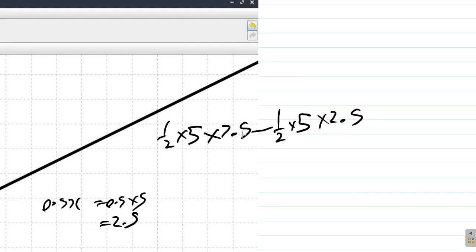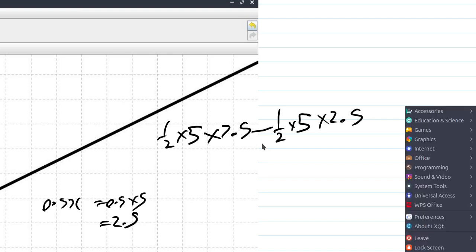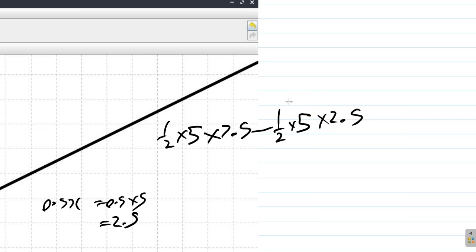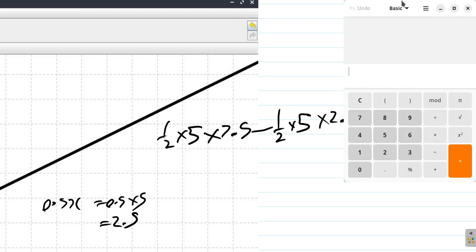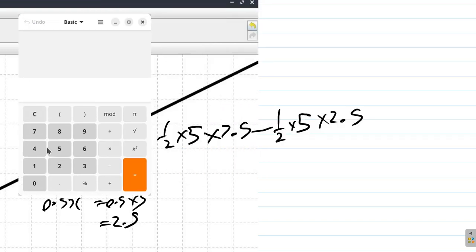What would we get? We could just work it out quickly with our calculator and see what happens. Okay, so here we have our calculator.